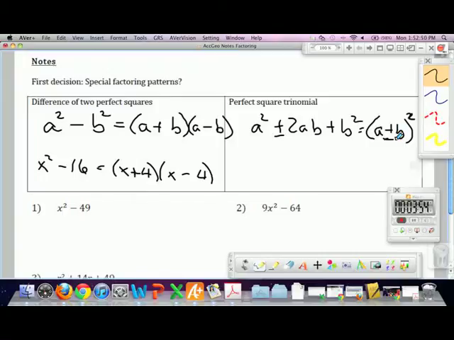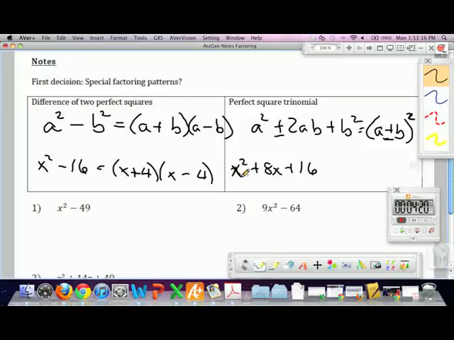So a setup of this might be x squared plus 8x plus 16. I'm going to see, do I have perfect squares on either end? Is x squared a perfect square? Yeah. Is 16 a perfect square? Yeah. Okay, so now I want to check the middle term.